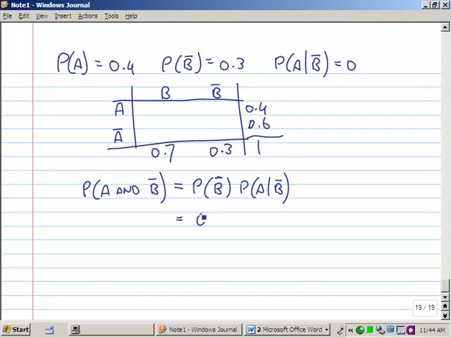The probability of B bar is 0.3 times 0, and of course that's 0, so the probability of A and B bar is 0. So that item is 0. Then we can fill out the rest, and there's our table.